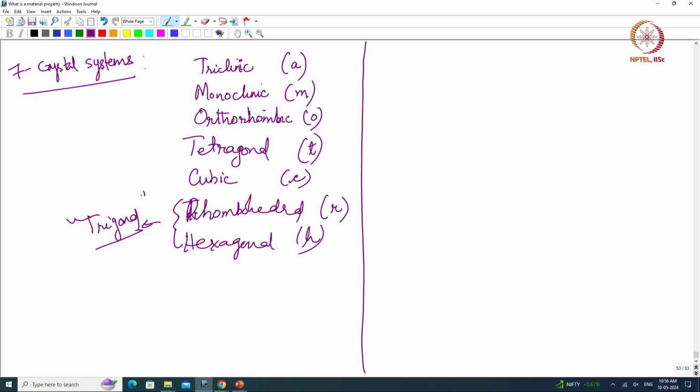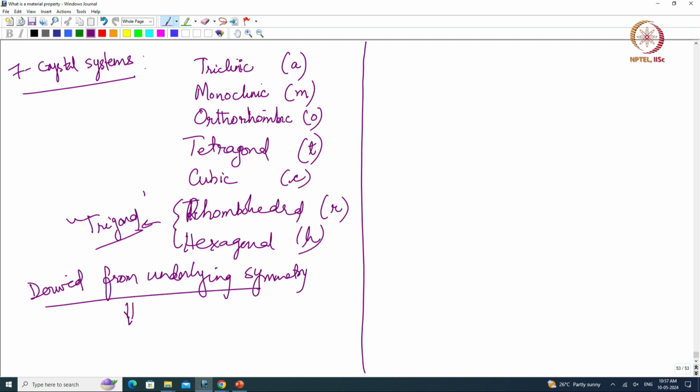Okay. So these are the 7 crystal systems, and so far we have been more or less saying that we have not really considered centering, we said all these can be derived from symmetry. And from underlying symmetry, we have some constraints on the unit cells.